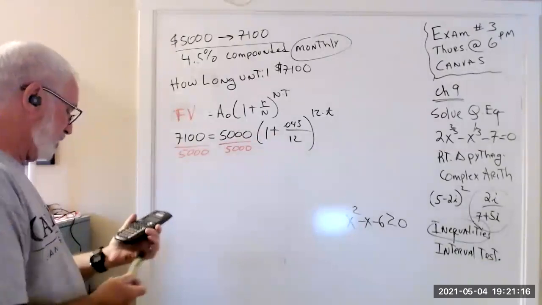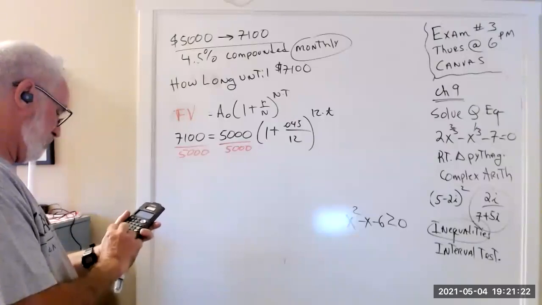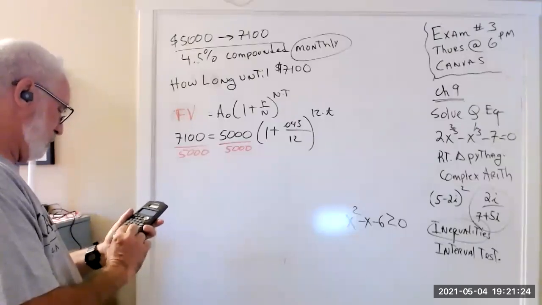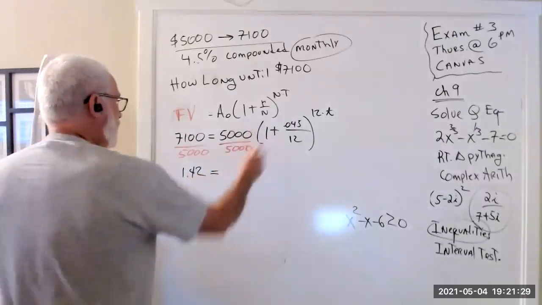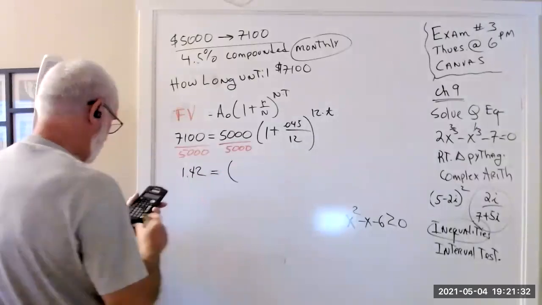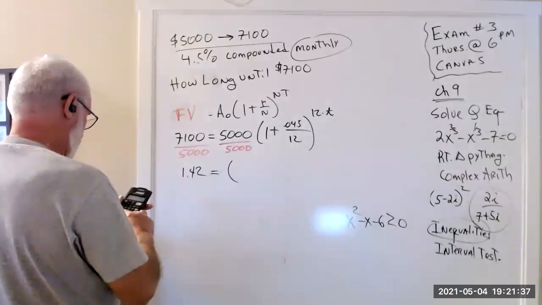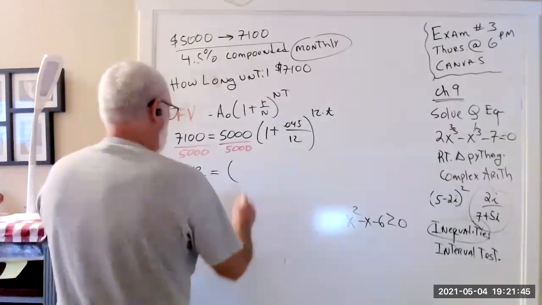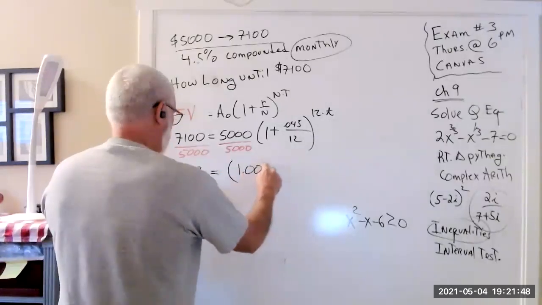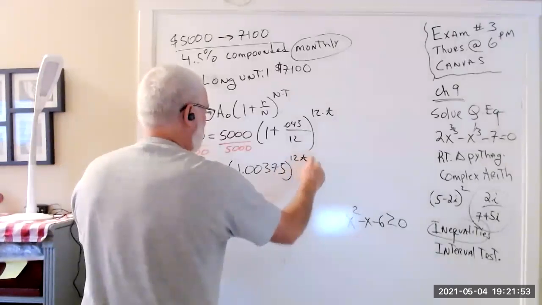And simultaneously, I'm going to calculate this mess, whatever this 0.045 divided by 12 plus 1. So let's see what I get. So this became 1.42 equals, okay, 1.00375 raised to the 12t.